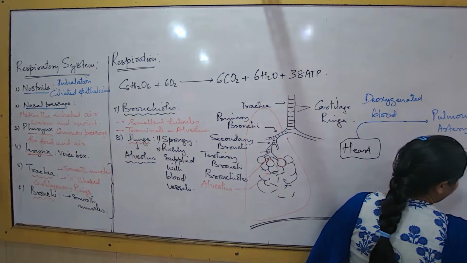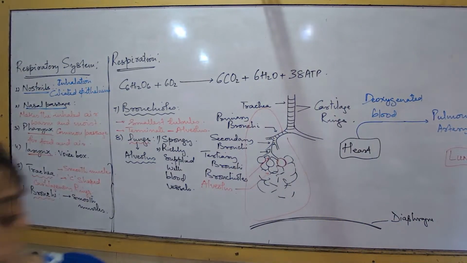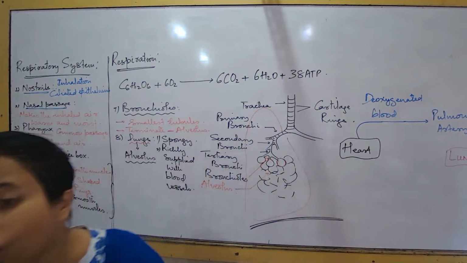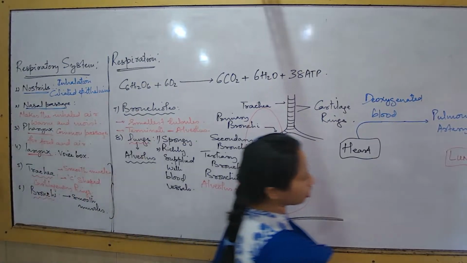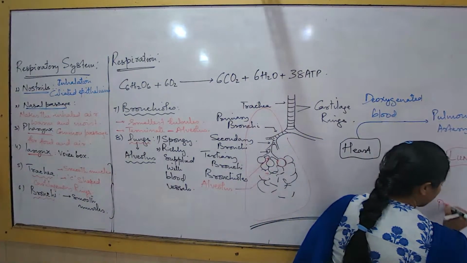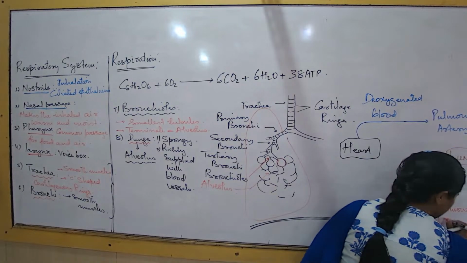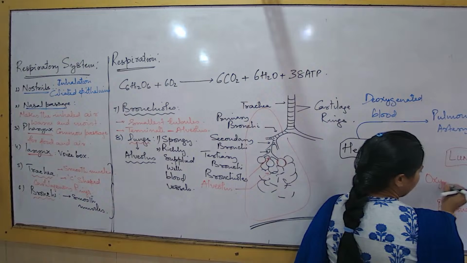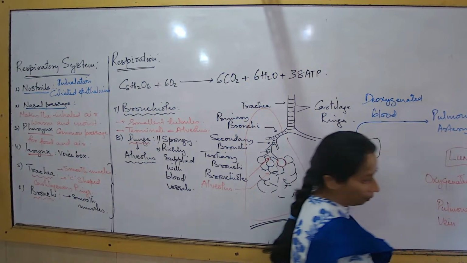Now the blood enters into the lungs, and as it passes through the alveolus, the blood is now becoming oxygenated, becoming oxygen rich. So what is this vessel which is bringing the blood away from the lungs? This is now known as pulmonary vein. What is the nature of the blood? The nature of the blood is oxygenated. Again, I mentioned the same.